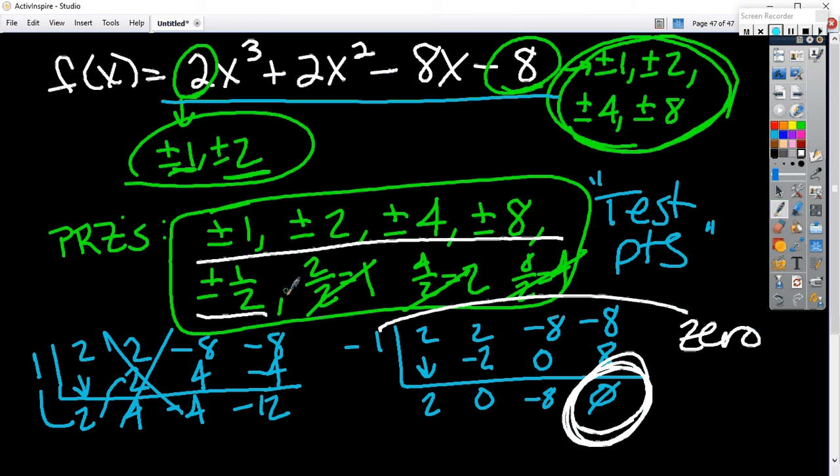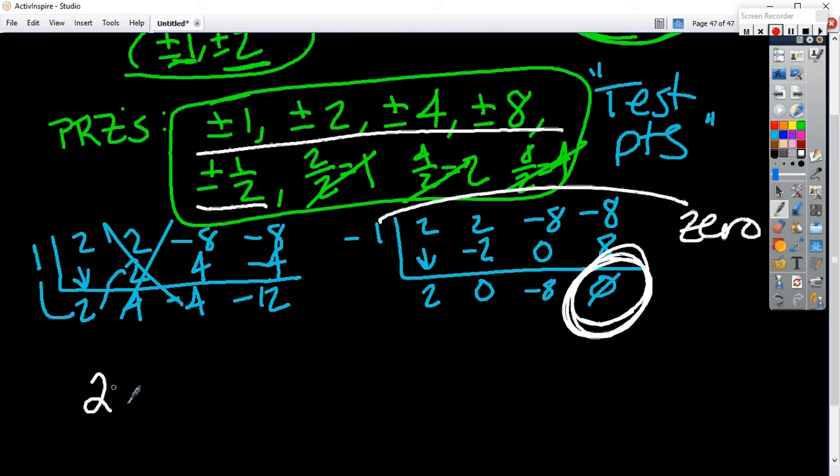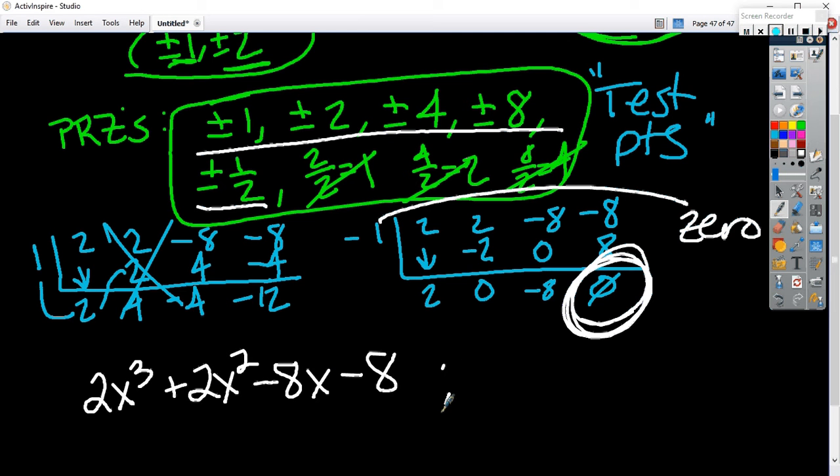All right, guys, listen, because this combines everything we've done so far. I need your attention. Now I'm back to the point in the problem just like yesterday, where it gives me the equation 2x cubed plus 2x squared minus 8x minus 8. And now I know -1 is a 0, and I need to find all the other zeros.